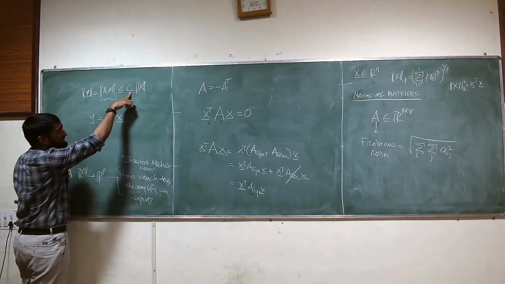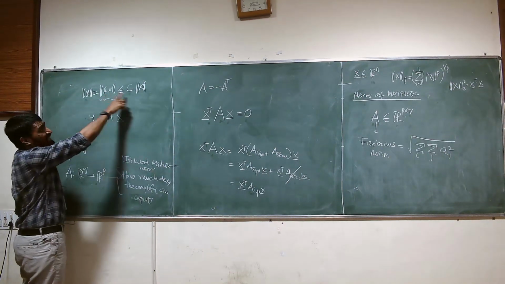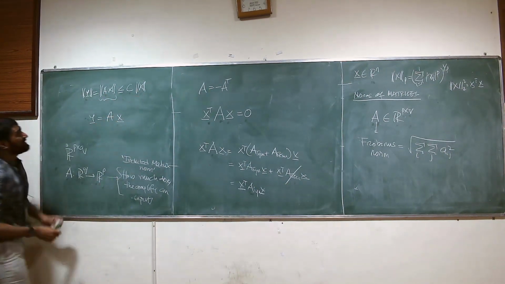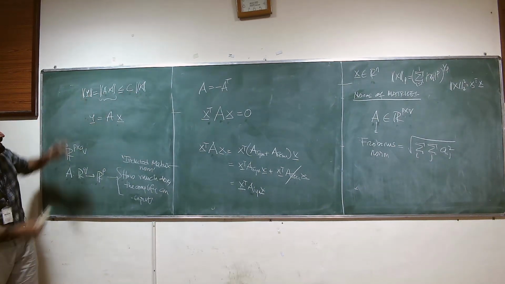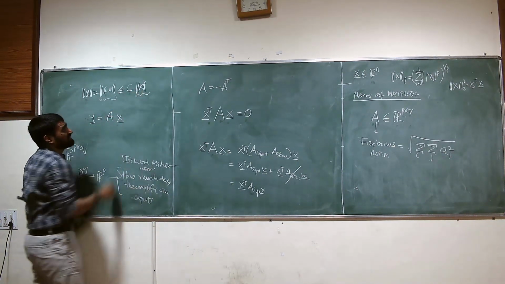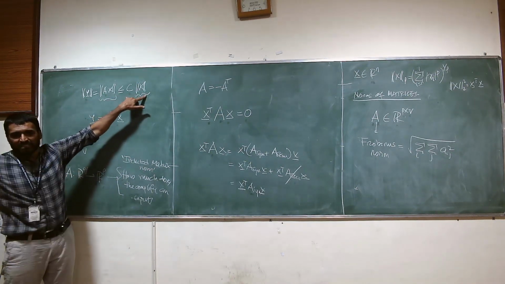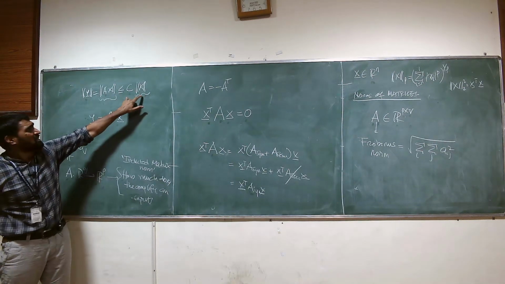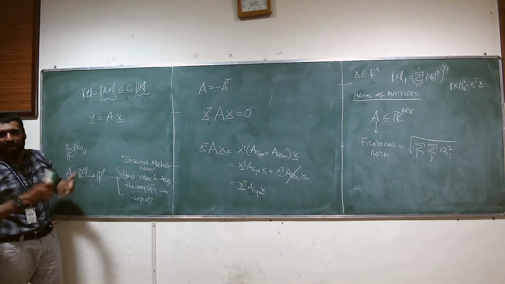This number C tells me how much my matrix A amplifies my vector x, because no matter what vector you take here, what comes out is always less than C times the size of the vector that you take. So C tells you the maximum amount by which your matrix amplifies your vector.